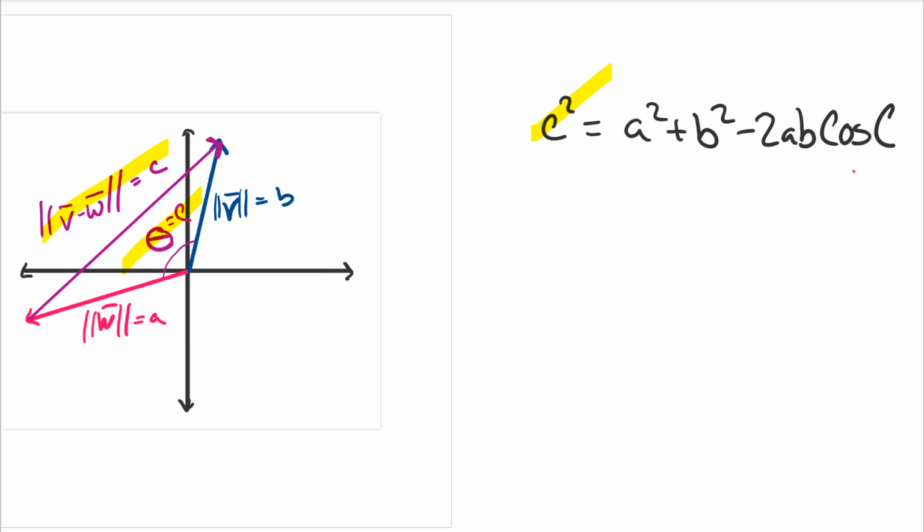Cool. Now let's start replacing things with what they are.